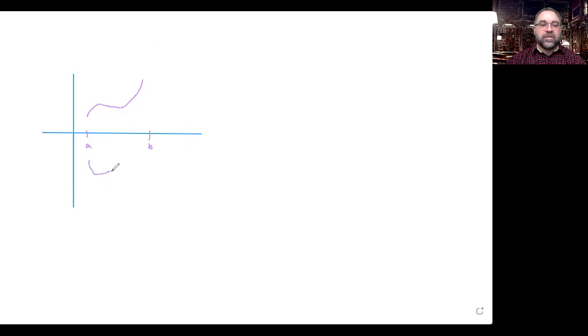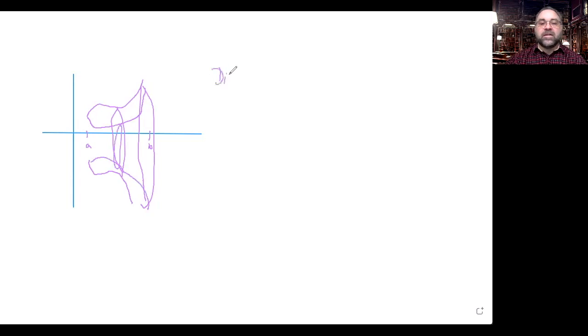It's round, and this would be disks. If there's another function involved, something inside like this, then we would have washers, because they'd have a hole in the middle.